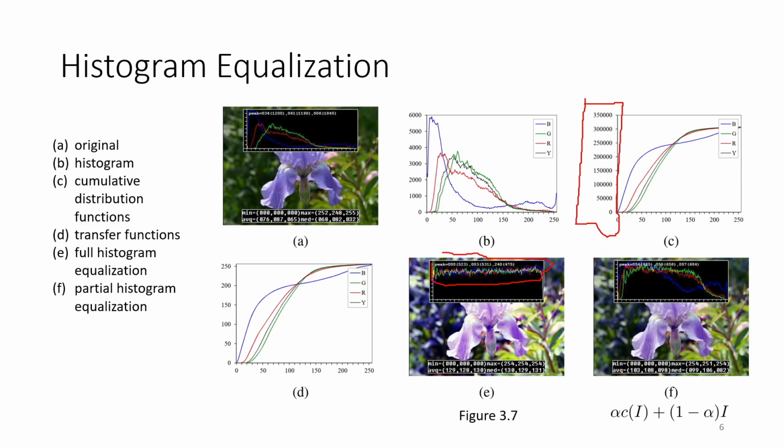Suppose I is the original input image, and CI is the histogram equalized image. Then we use part of the original image and part of the equalized image to generate the new image. This is called partial histogram equalization.